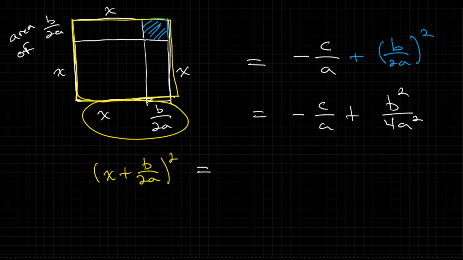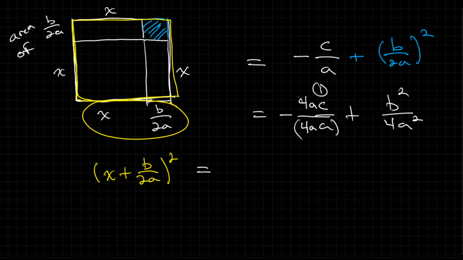Now this right-hand side, I think what I'll do is get a common denominator here. So one denominator is a, the other one is 4a squared. So if you multiply both the numerator and denominator of the first term by 4a, then this denominator on the first term on the right-hand side would be 4a squared.